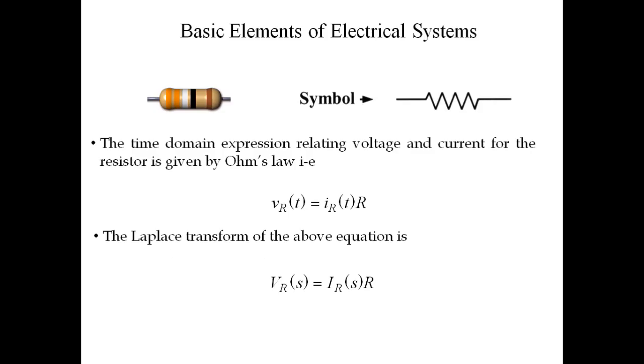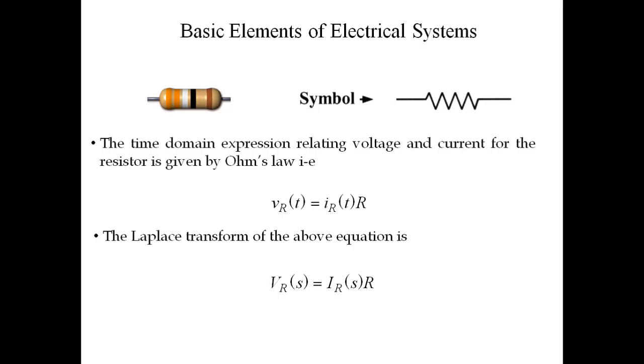The basic elements of an electrical system are nothing but resistance, inductor and capacitor. First we will try to understand the equations regarding resistance.